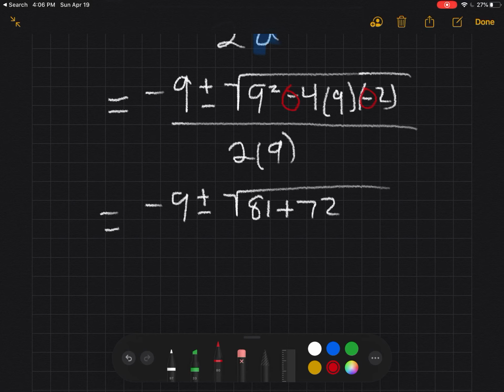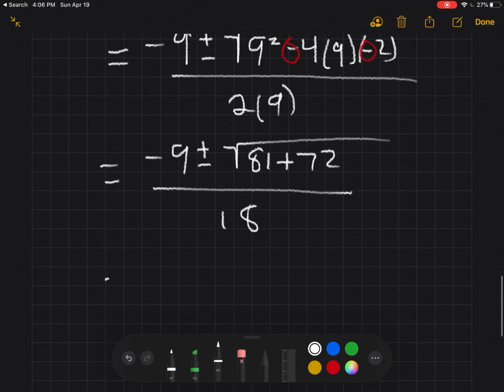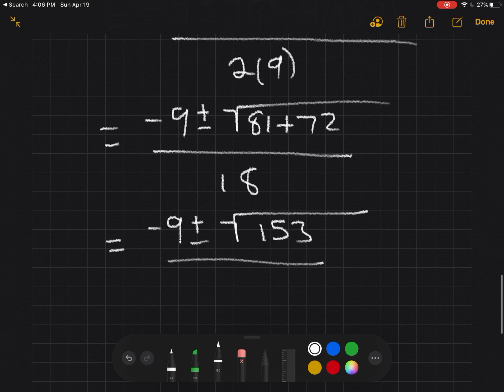And now we're just going to simplify this. We get negative 9 plus or minus the square root of 81. Subtract, let's see, 8 times 9 would be 72. So we're going to add 72. That's because I have a negative times a negative, so it's giving me a positive number.